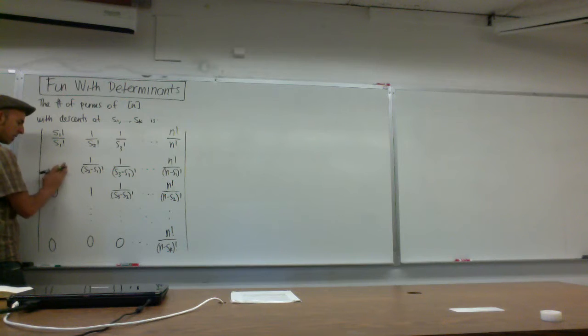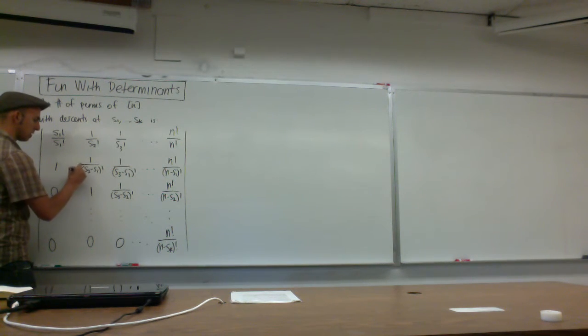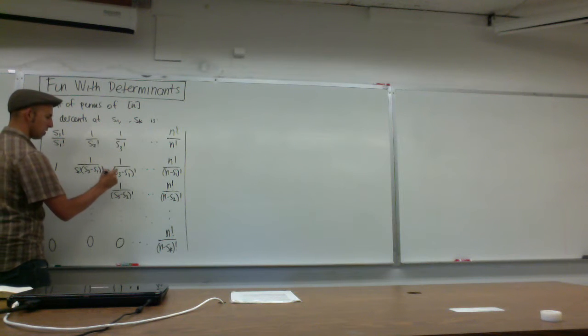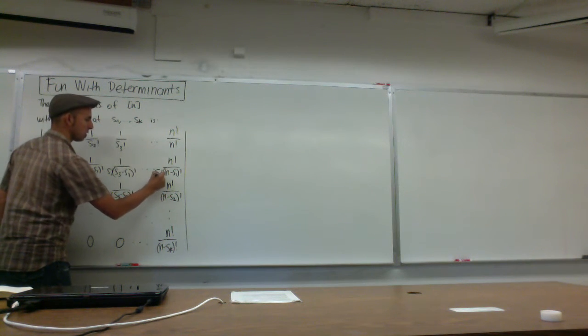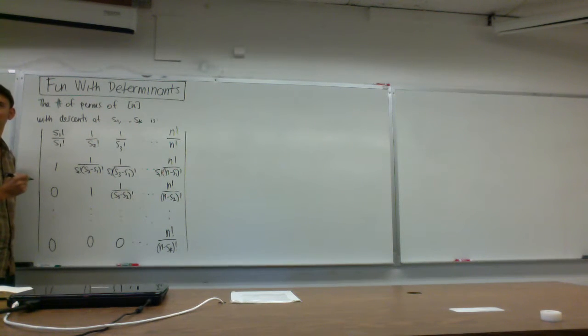So I divide by s1 factorial, this disappears, and I get a 1, and now I get s1 factorial here, s1 factorial here, s1 factorial here. And maybe you see why I'm doing this. Maybe you can begin to see what I'm after here. Okay? s1 factorial over s1 factorial is 1. Anyway, let's just leave it like this.